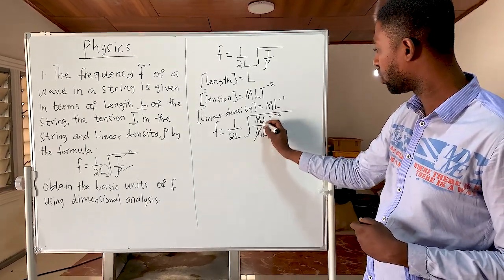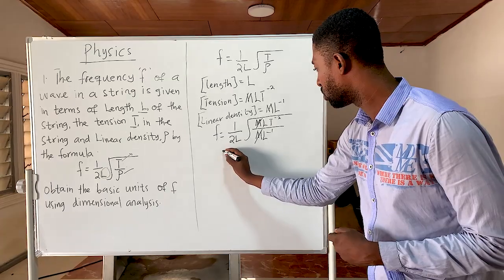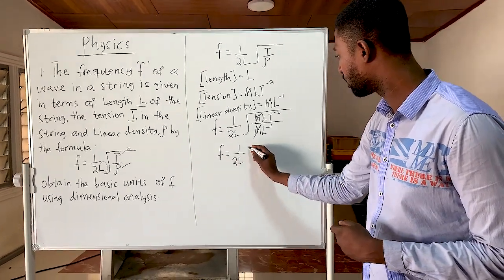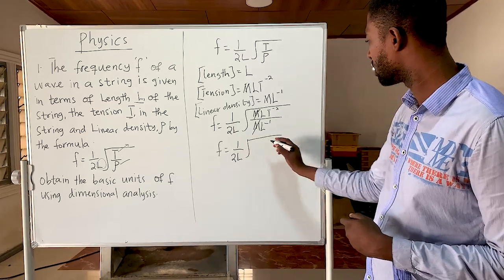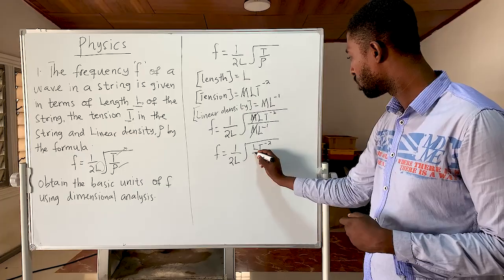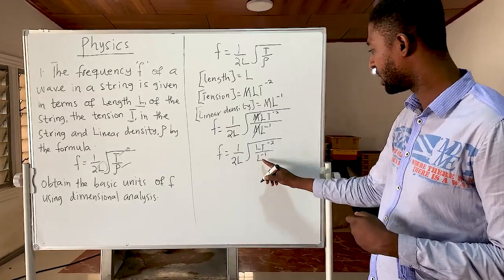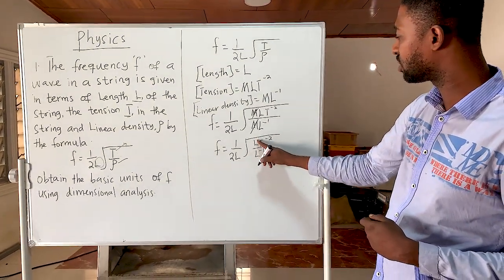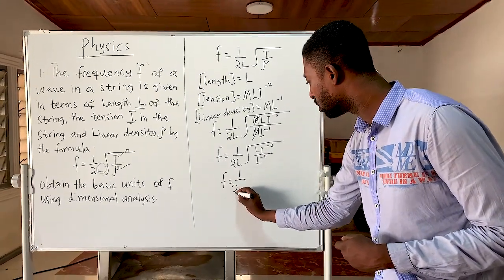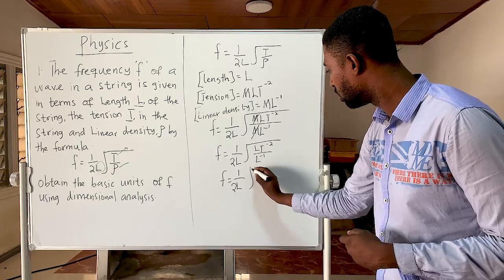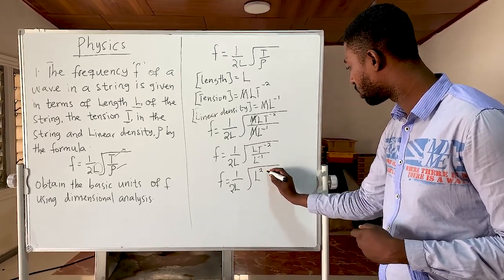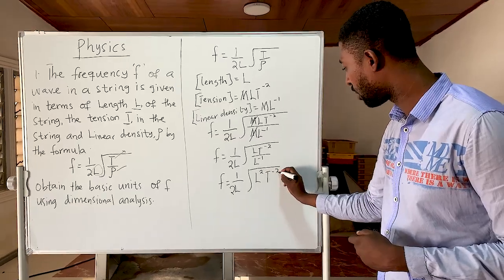So here M will cancel M. So we are going to have F equal to 1 over 2L root LT minus 2 over L minus 1. So there's L here, and any number is raised to the power 1. So here I can have F equal to 1 over 2L root L squared, or L raised to the power 2, T raised to the power minus 2.